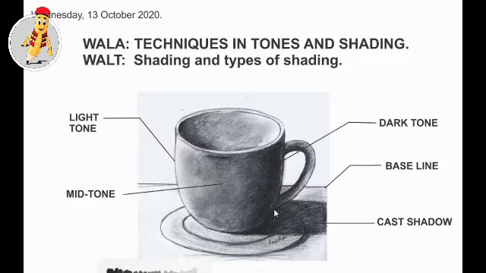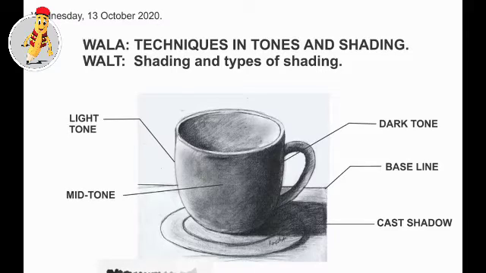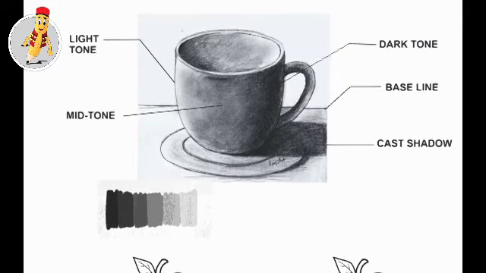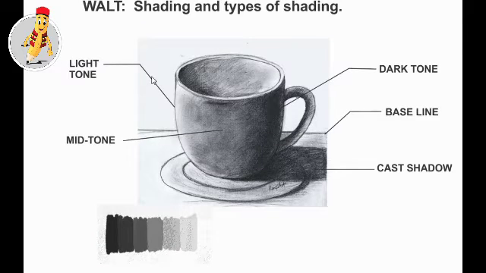You can see the objects drawn here, and you can see that there are several parts that are labeled in this object, right? So you have the light tone. The light tone is the lightest part of the object, the part of the object that receives the most light.